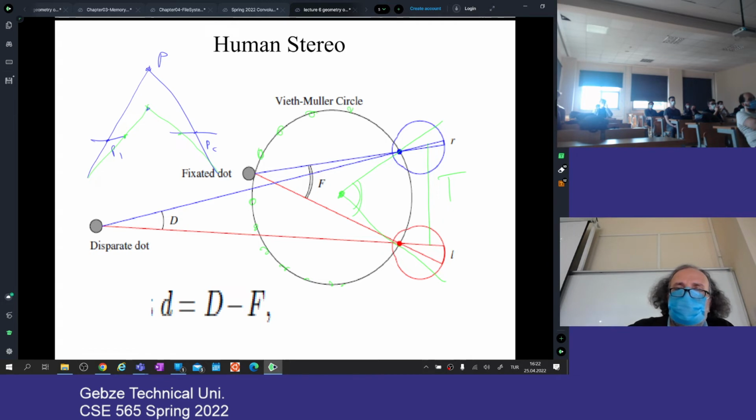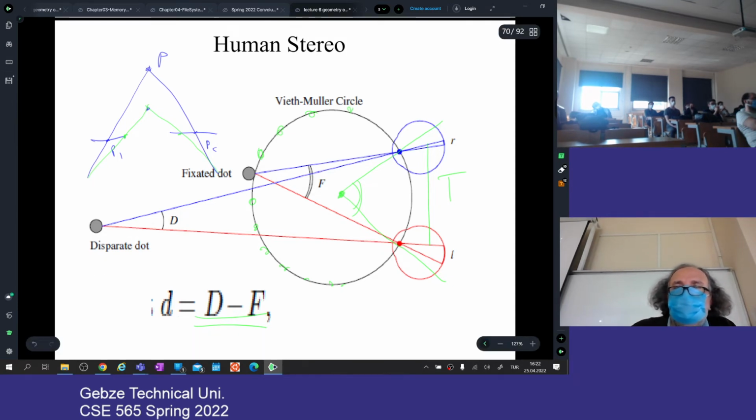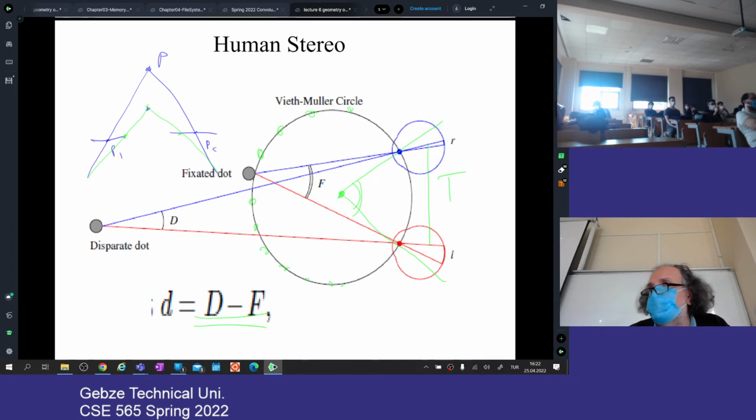The disparity comes from the difference of these two angles, D minus F. That's the disparity. If disparity is 0, that means that you are looking at something on the Müller circle. If disparity is like this, D minus F, negative, then you are looking at something outside the Müller circle. That's how the human eye camera system works.